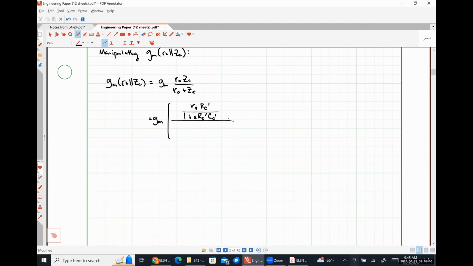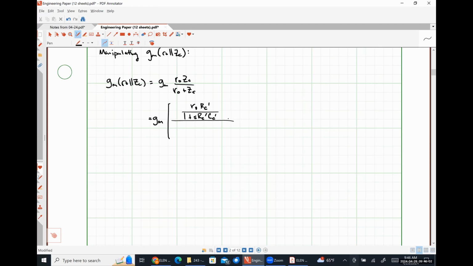So what I'm going to do down here in the denominator is multiply that R naught times 1 plus S RC prime CC prime over 1 plus S RC prime CC prime so that I have a common denominator and can lump everything together. Okay.